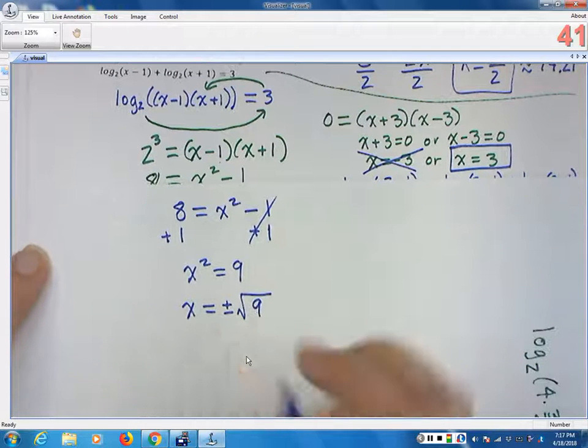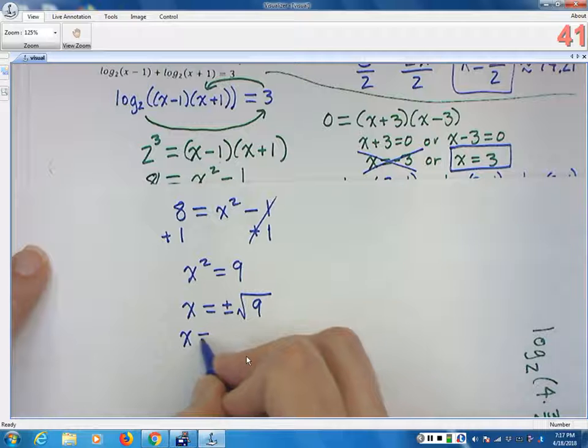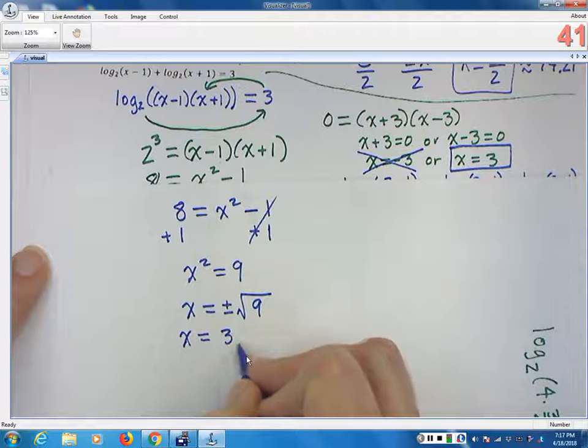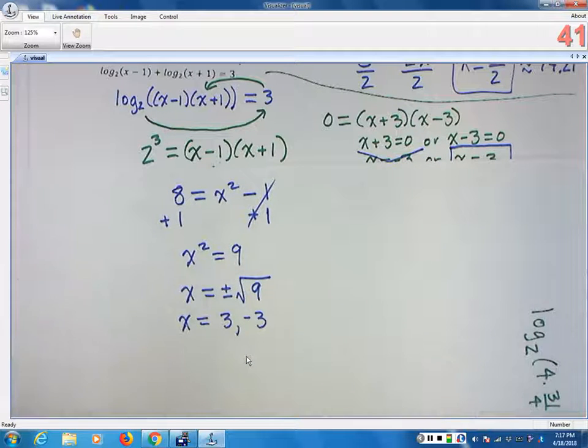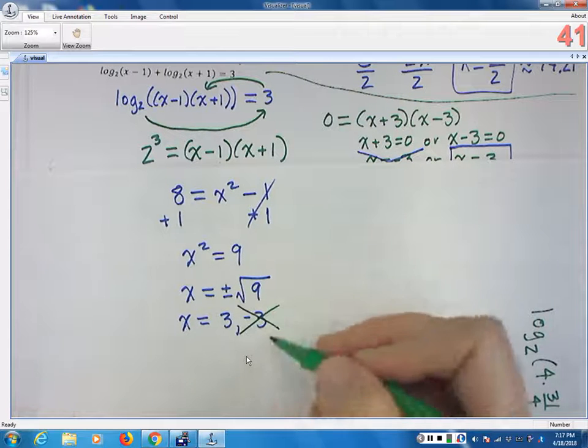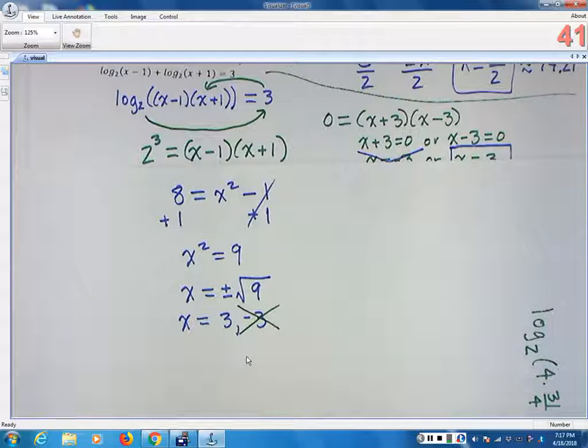And to get full credit, so x will either equal 3 or negative 3, you have to check the domain and cross out the negative 3. So there is another way. Factoring is just my favorite, but on the slides they did a lot of this. If you have x squared equals a constant, you can take the square root of both sides.